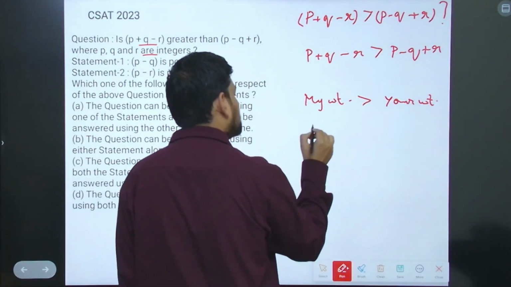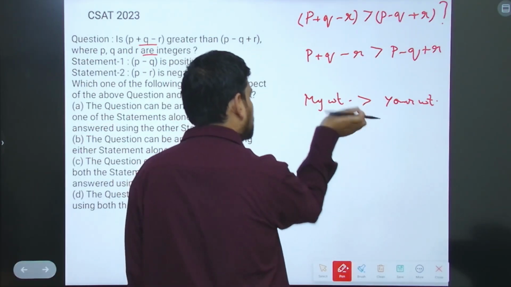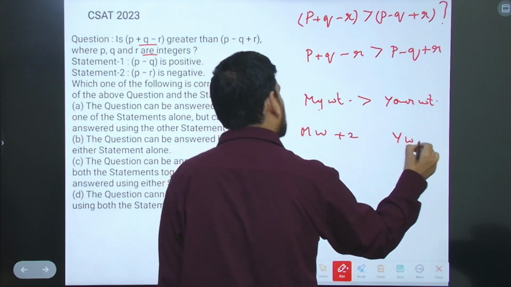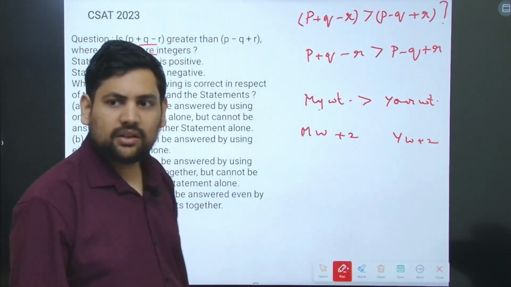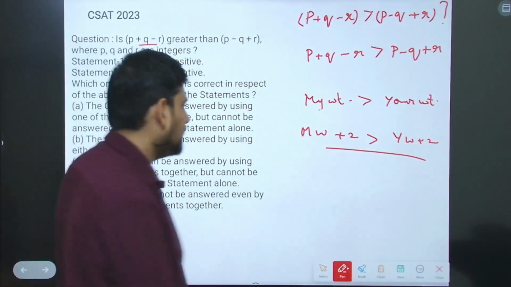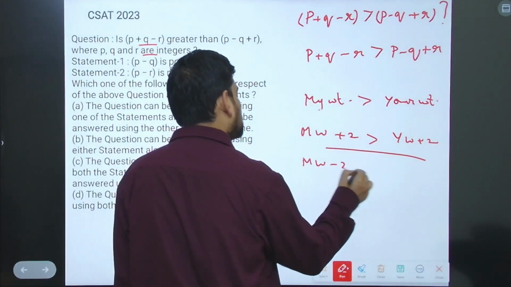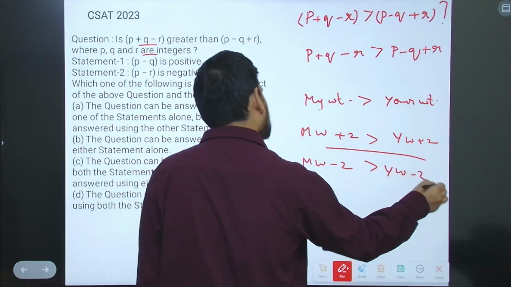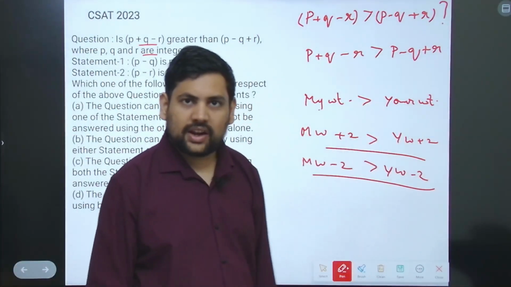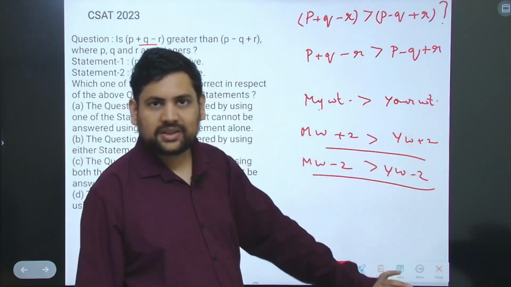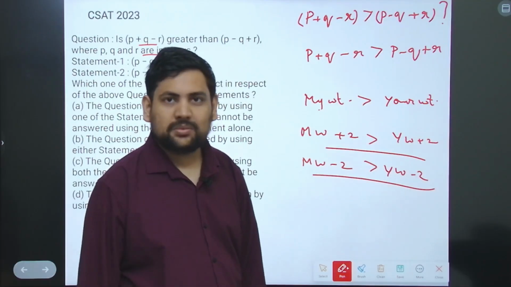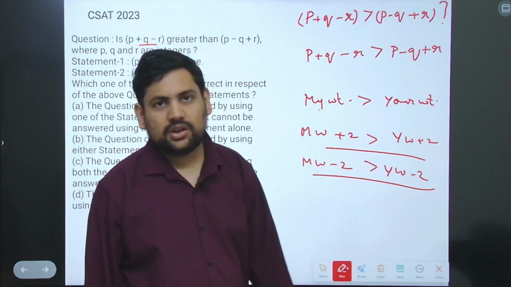It becomes my weight plus 2, and this becomes your weight plus 2. Still, which will be bigger? My weight will still be bigger because I added the same thing. Similarly, if I subtract, my weight minus 2 kg will still be greater than your weight minus 2 kg. This you understand? So basically in inequality, if I add or subtract something equally on both sides, the inequality won't change.